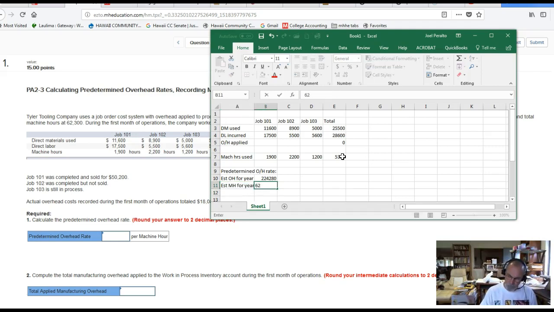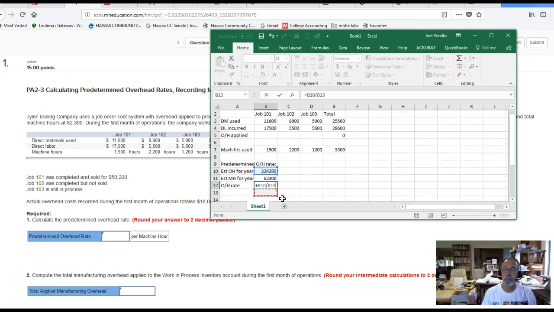is 62.3, and so our overhead rate is calculated by taking our estimate of total overhead and dividing it by our estimate of total machine hours.